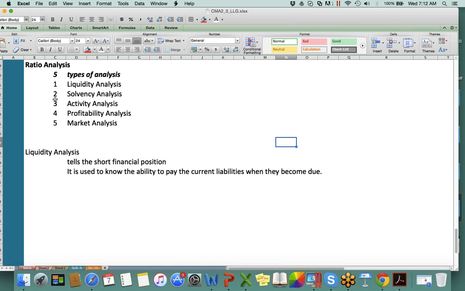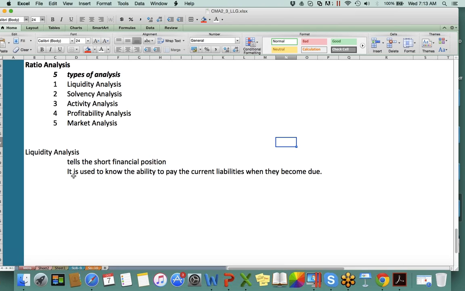So out of 5 analysis, the liquidity analysis plays a key role because it places the company in a top position. You are maintaining good liquidity so that your suppliers will believe, the employees will believe, and all the operating expenses will be paid on time, so there will be no disturbance in the day-to-day operations of the business.